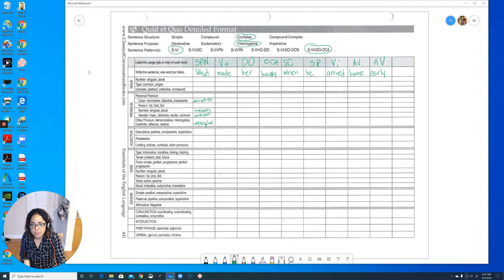So I'm just going to put T-R-A-N-S, transitive. What tense is it? Present, past, or future? It's the past tense, right? And it's simple. So it's simple past.